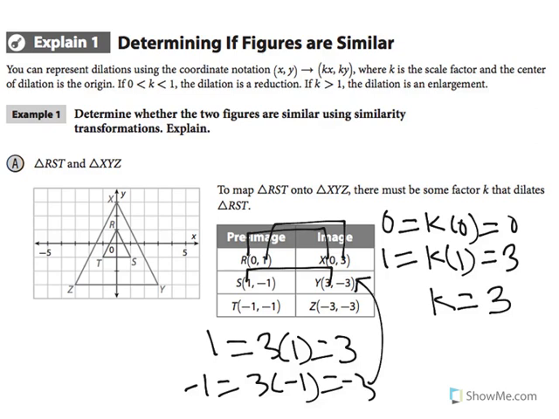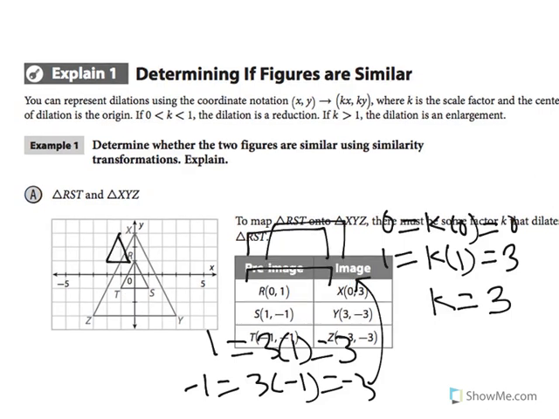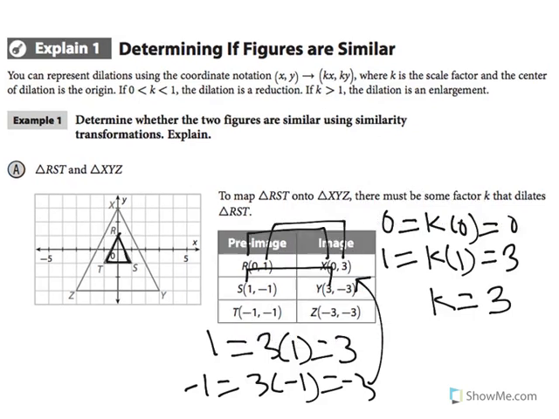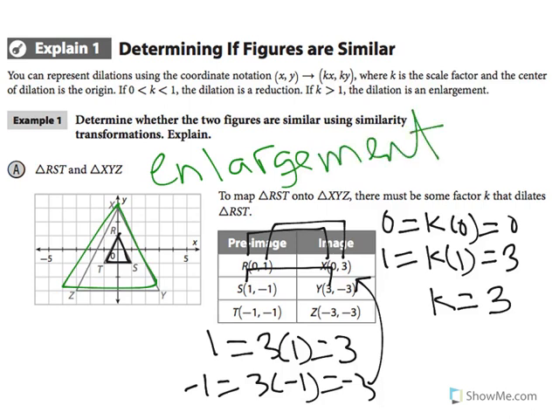And similarly for T. So here we can say that triangle RST is dilated to triangle XYZ. So it's an enlargement with the scale factor of k equal to 3.